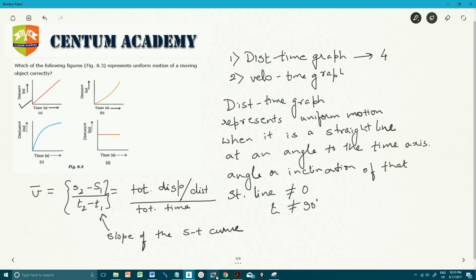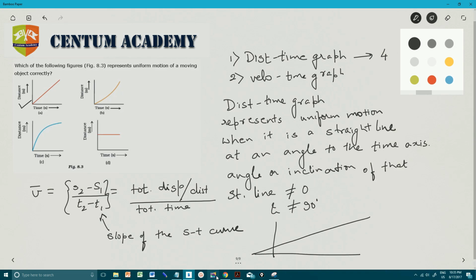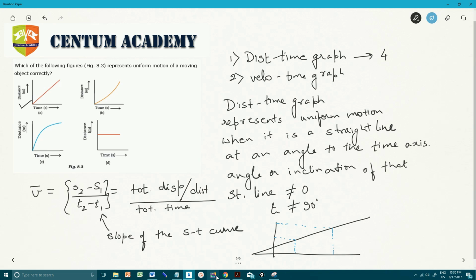Now if we find the slope of a straight line, let's draw it here. The slope of a straight line is always constant. So let's say I have to find out the slope of this line. I drop a perpendicular between any 2 points on both the displacement and time axis. Now slope is given by this y and by this x.